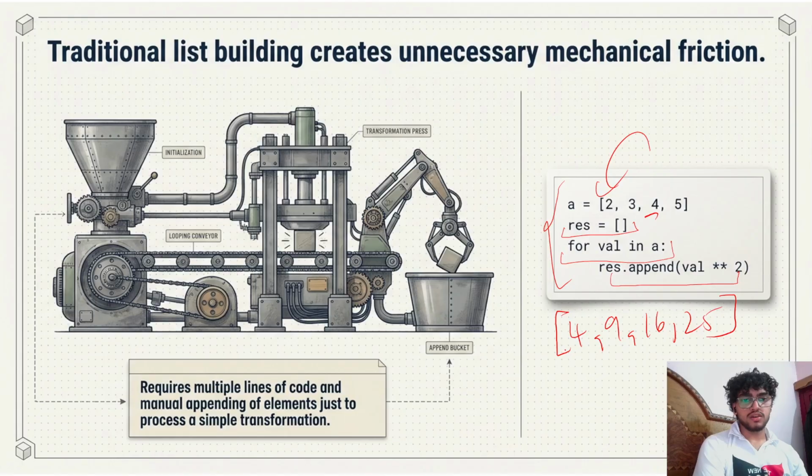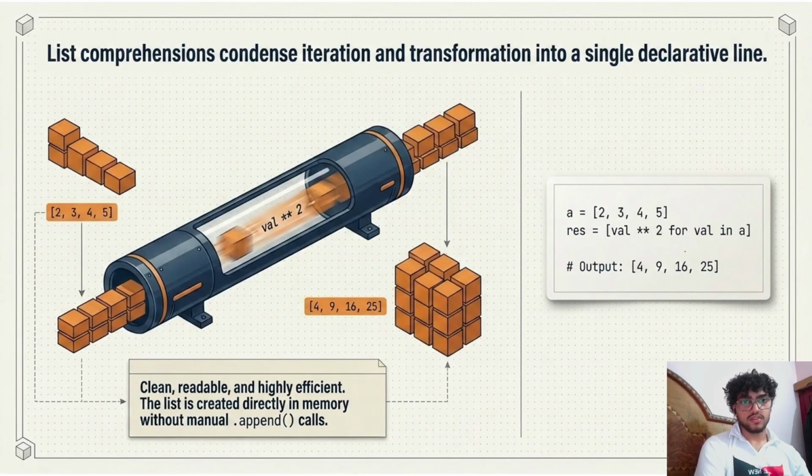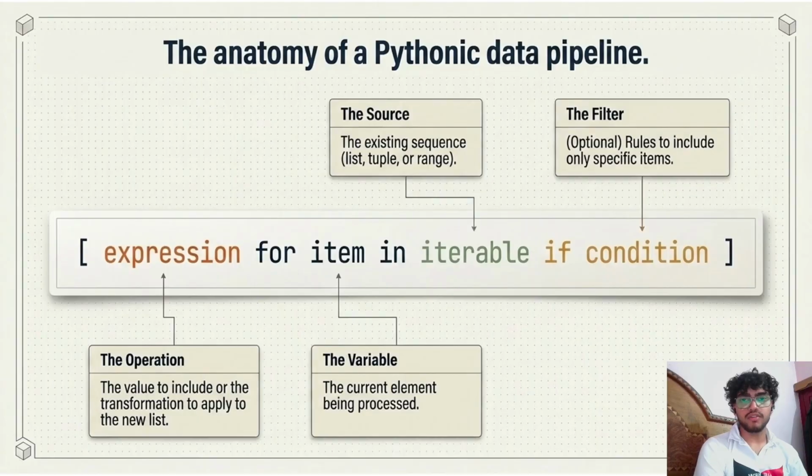To get this, you can write either this code, or you can just write result equals x exponent 2 for x in A. Like we have written here, exponent of 2 for value in A. The output will be 4, 9, 16 and 25.